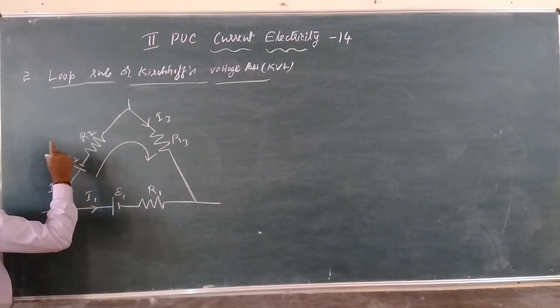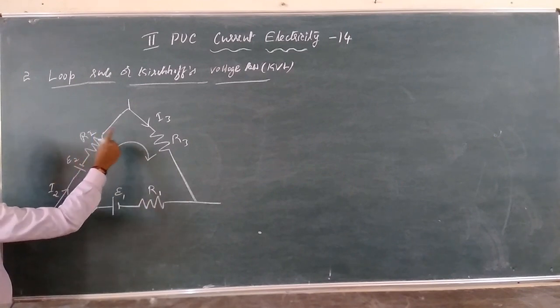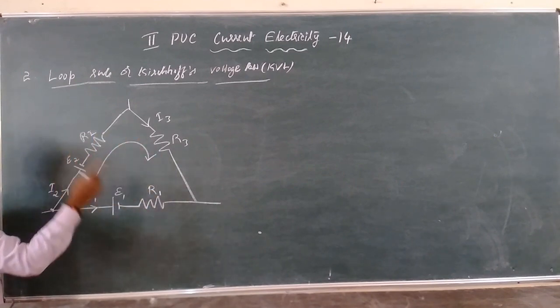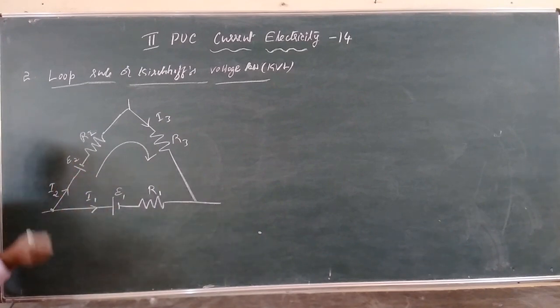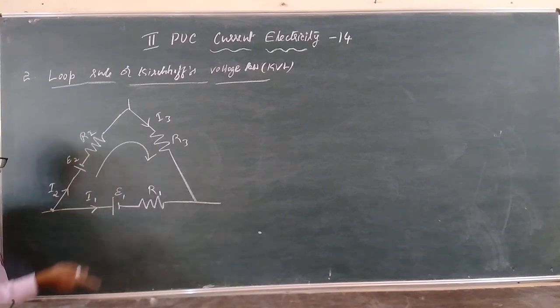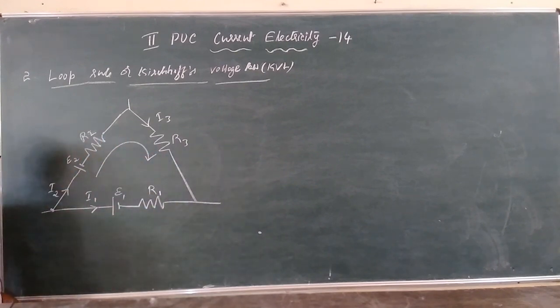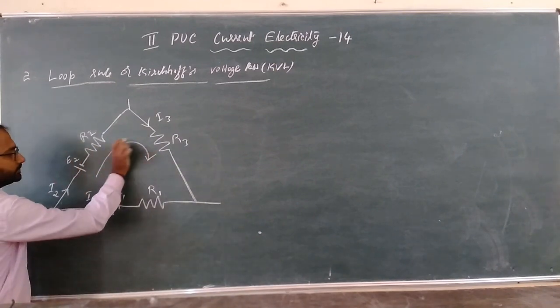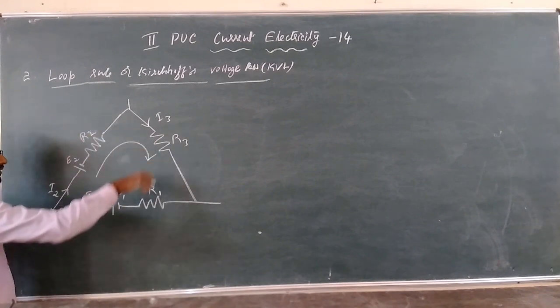So what is the sum of EMFs and IR products over the entire loop? You have to choose the direction of traverse, clockwise or anti-clockwise, any one direction. Say I am choosing the clockwise direction. I have to calculate EMF and the IR product over the entire loop.